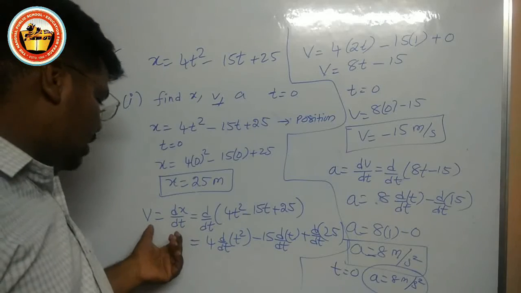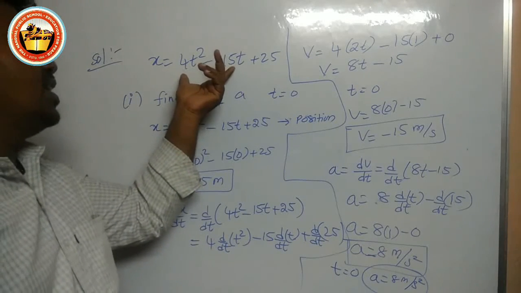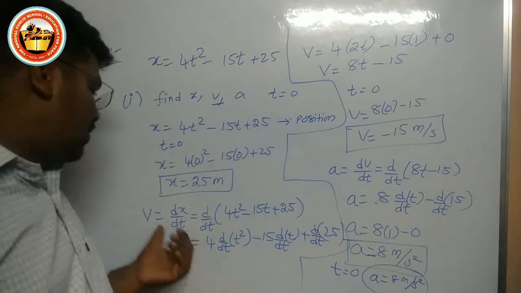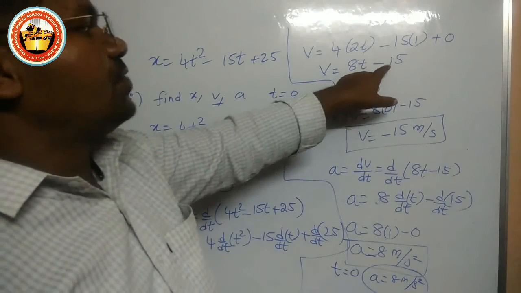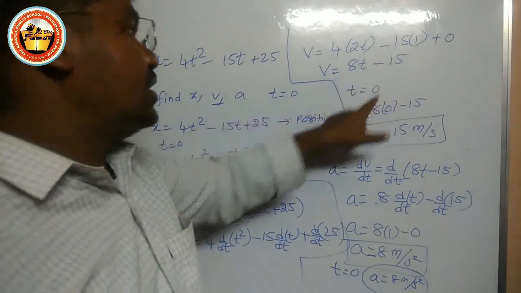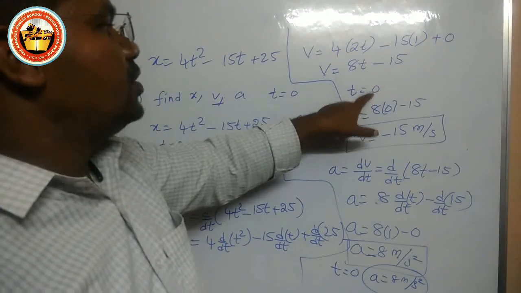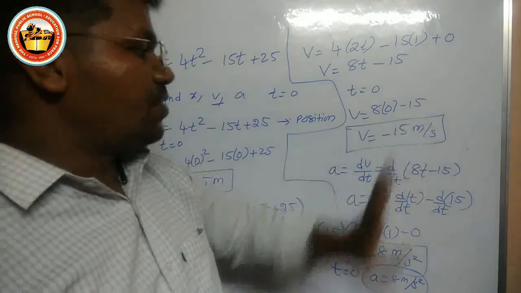Next, velocity. By differentiating position, we can get velocity, that velocity equation 8t minus 15. At t is equal to 0, we substitute 0 for t, so v is equal to minus 15 meter per second.